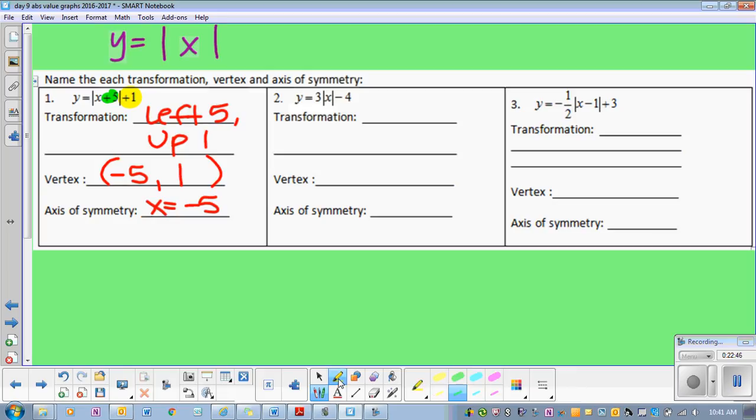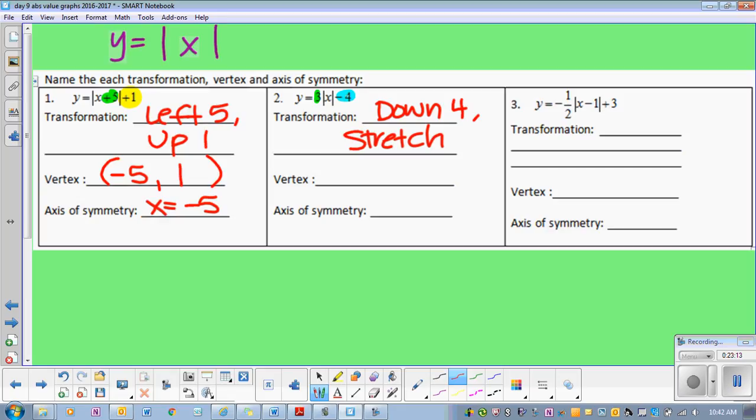So the next one has, okay, oh, it has this 3 in front, and it has this -4 on the outside. Somebody give me a transformation, just one. Down 4 and what? Stretches. Good. Down 4. And there's a stretch.